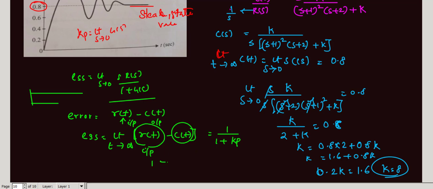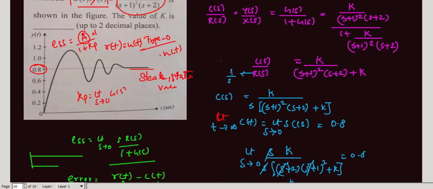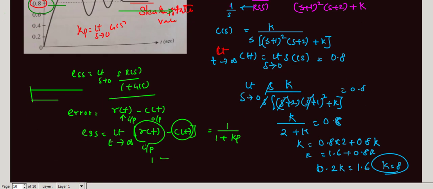As t tends to infinity, the output is the final value, that equals 0.8. So 1 minus 0.8 equals 1 by 1 plus Kp.